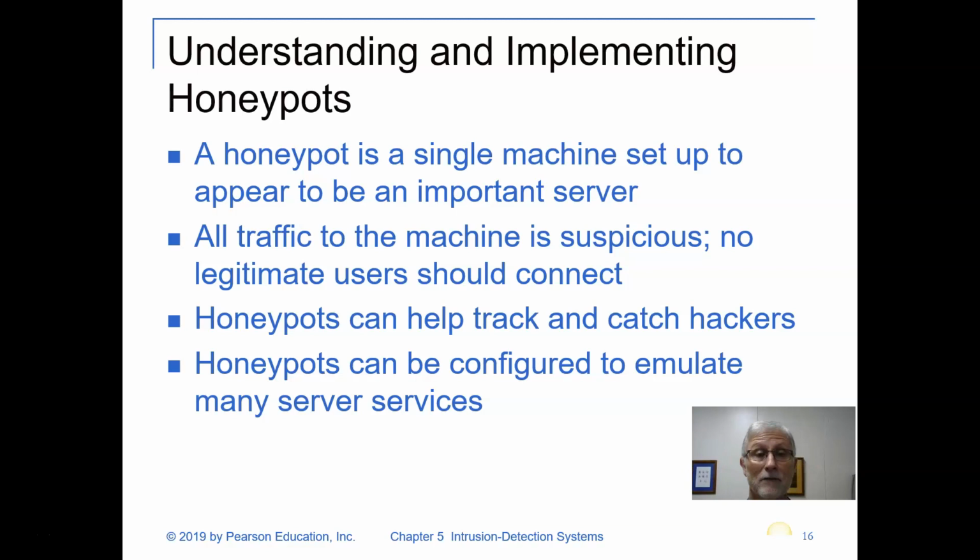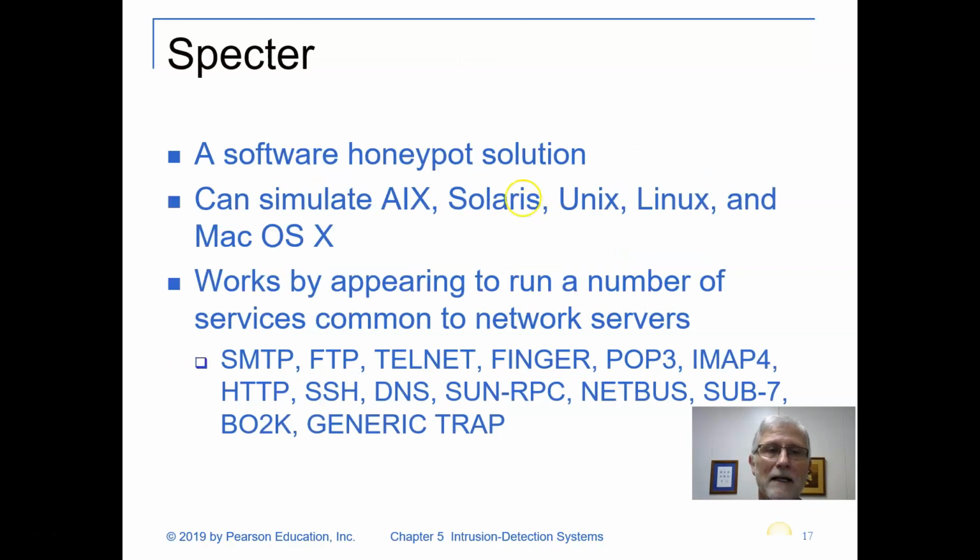Now, they may be configured for different types of server services, from email servers to FTP servers to just about anything. One of the honeypot solutions out there is Spectre. It runs on pretty much all operating systems, and it works by running a number of different services. As you can see, you've got email servers, Telnet, FTP, HTTP, a lot of different protocols being run.